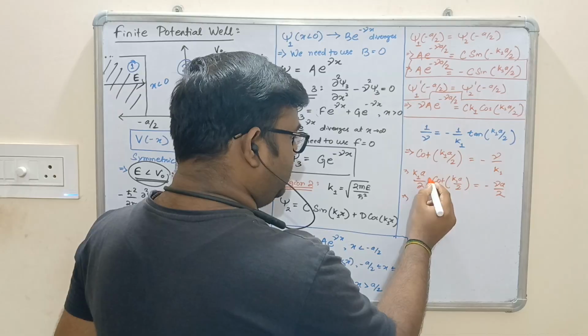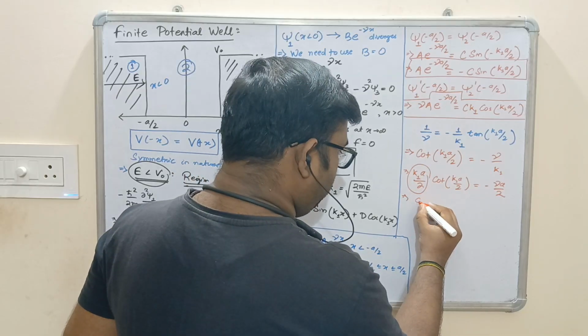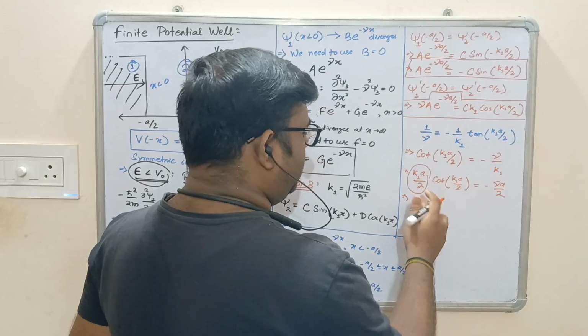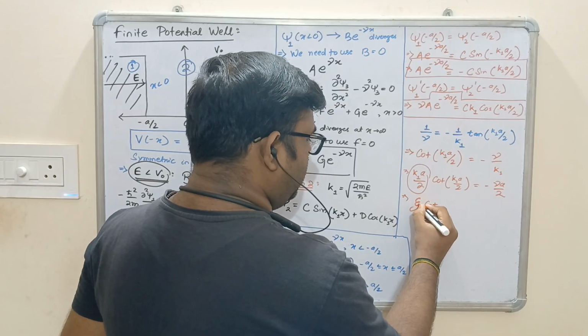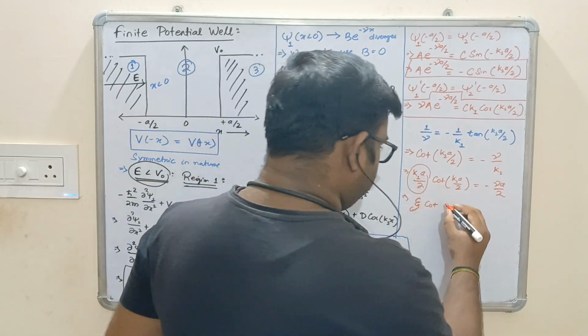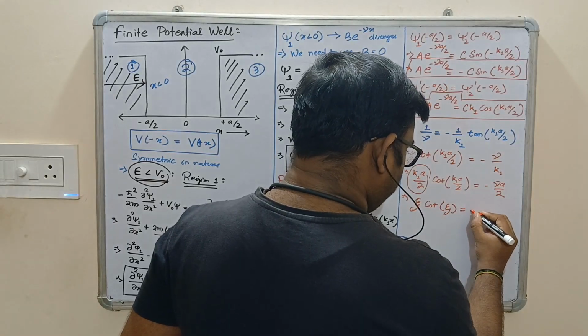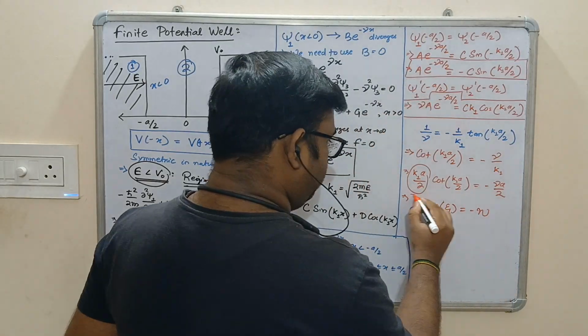Now let's assume this to be E and this to be eta. So E cot E is equal to minus eta.